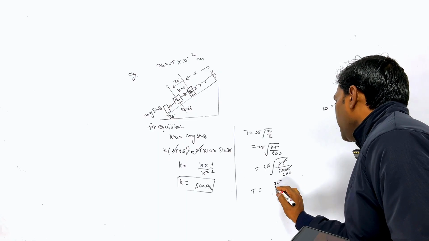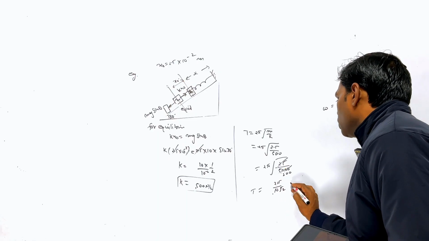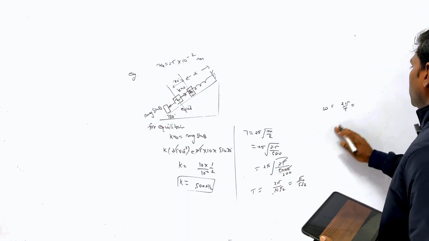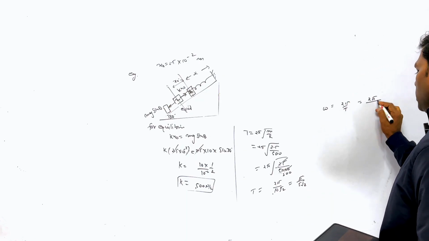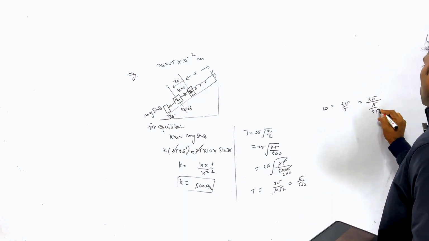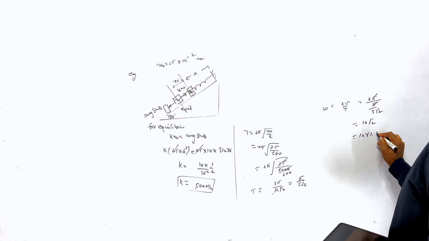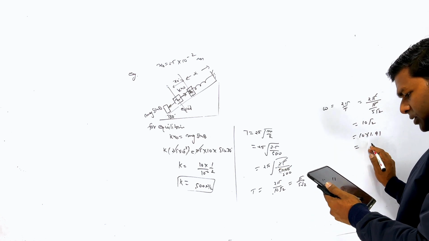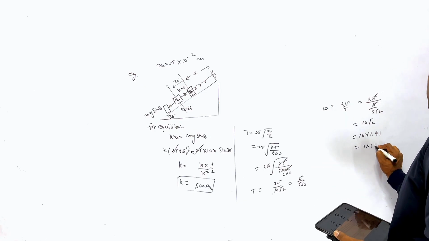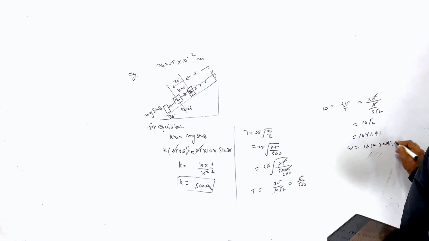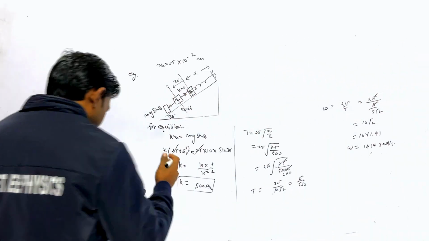So 2 pi by 10 or root 2. It is pi by 5 root 2, right? So it is 2 pi upon 5 upon root 2. So it is 10 root 2. And 10 into 1.41, it is 14.14, the correct answer, in radian per second. Is it clear or not, you tell?